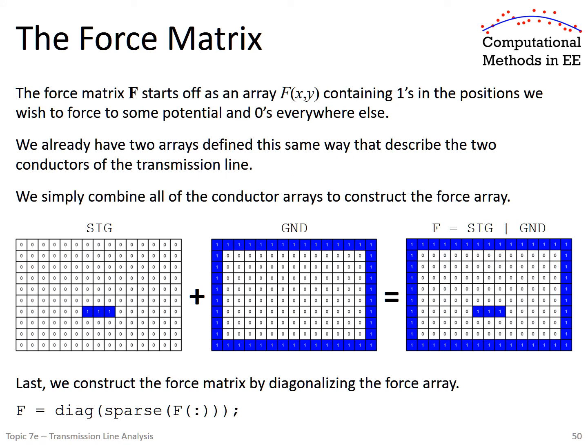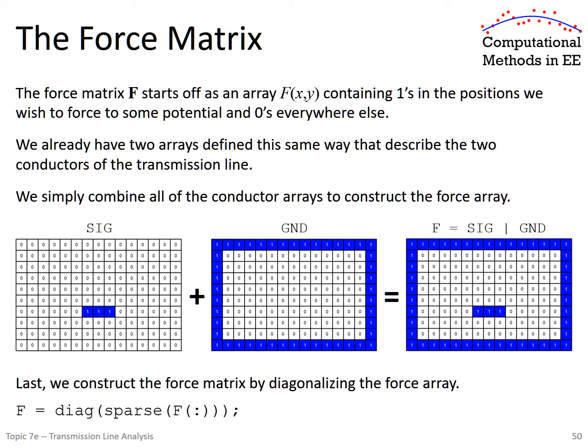Let's try to visualize what's in the force matrix. Remember in the beginning, we built two arrays describing where the metals are. One of them identified where our signal was. The other identified where the ground was. Both of these arrays were all zeros, simply with ones placed in the diagonal position. So our force matrix, the first thing we can do is OR those two things together. So now we have a map of just where there's metals.